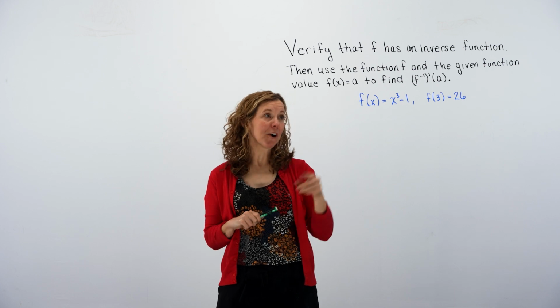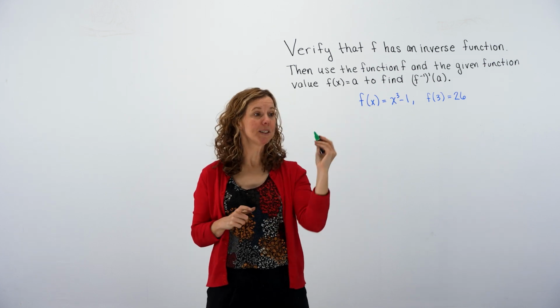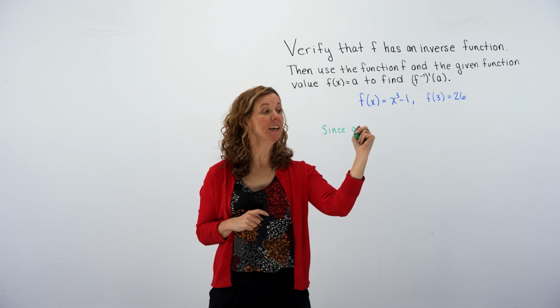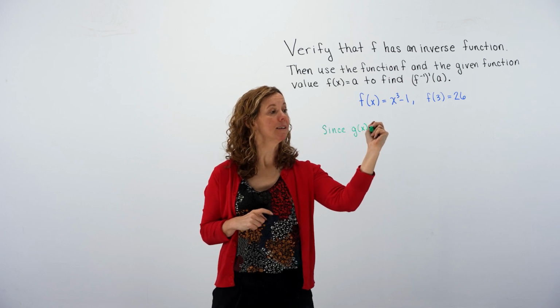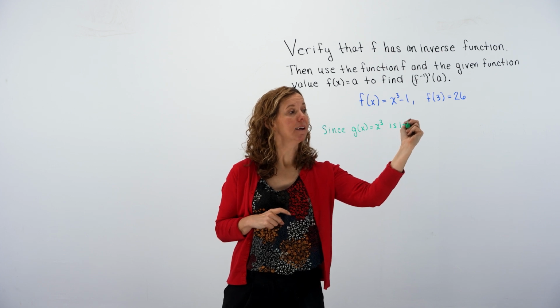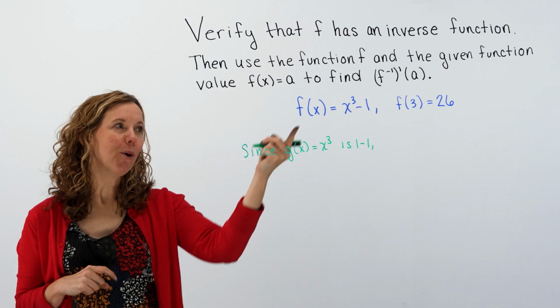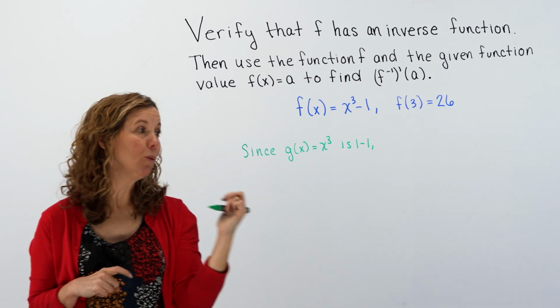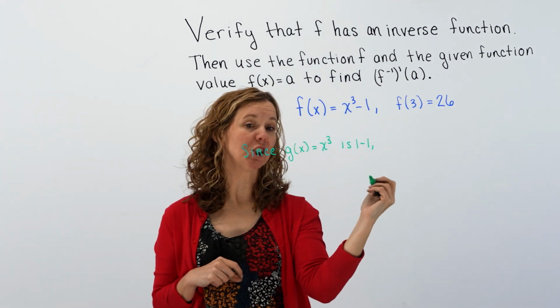Since we know the parent function, x cubed, which we might think of as g of x equals x cubed, is 1 to 1, we know that shifting that graph down 1 unit, we will still have a 1 to 1 function.